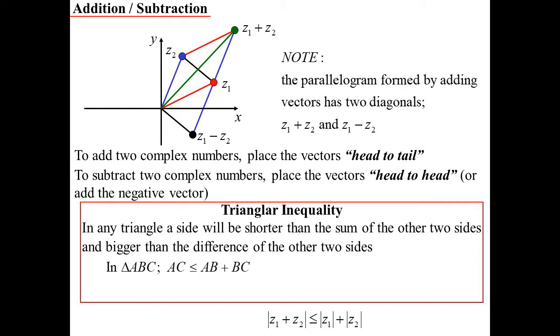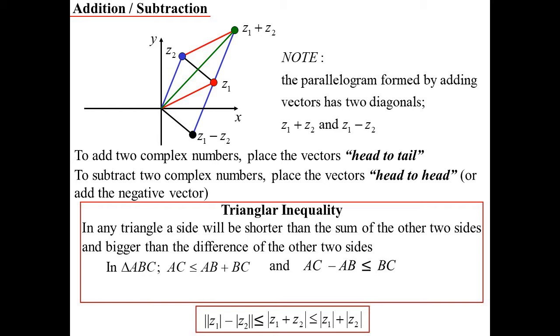But when we start talking about vectors then, well, the length of the side is the modulus. So I'm going to say z1 plus z2. So the modulus of z1 plus z2 must be less than or equal to the modulus of z1 plus the modulus of z2. So we can prove that little result by simply using vectors and referring to the triangle. Of course, I could play around with that, and I could say, well, look, AC minus AB would be less than or equal to BC.